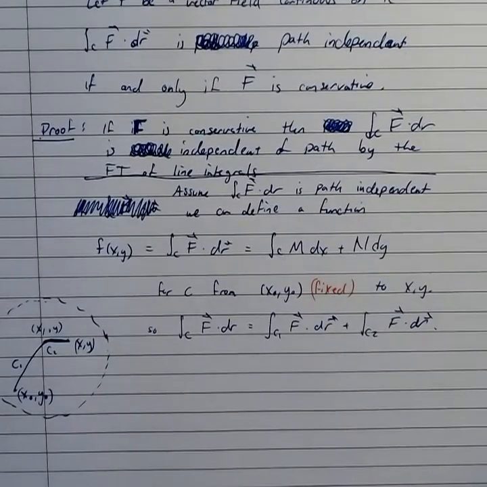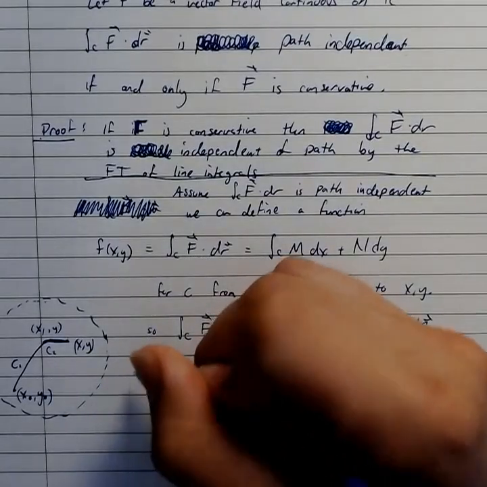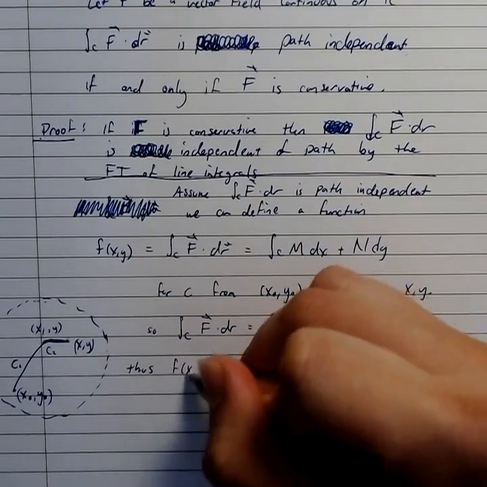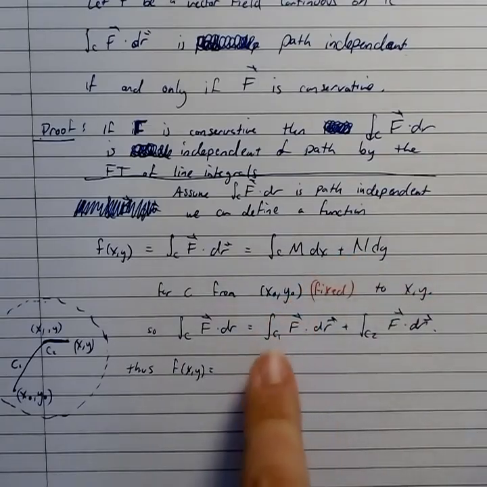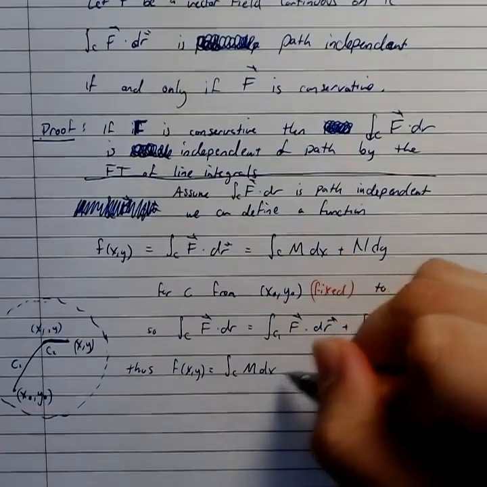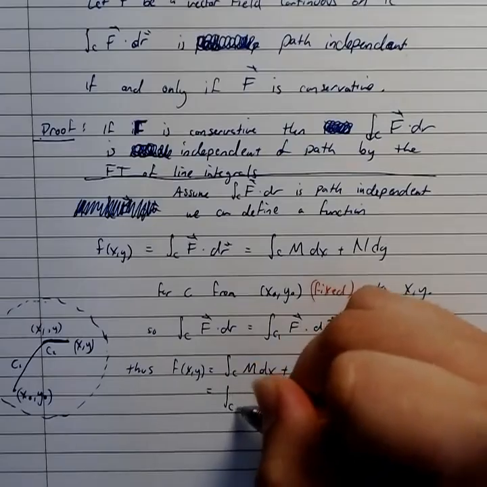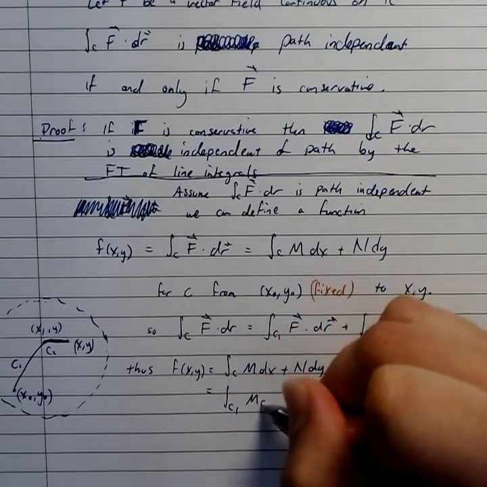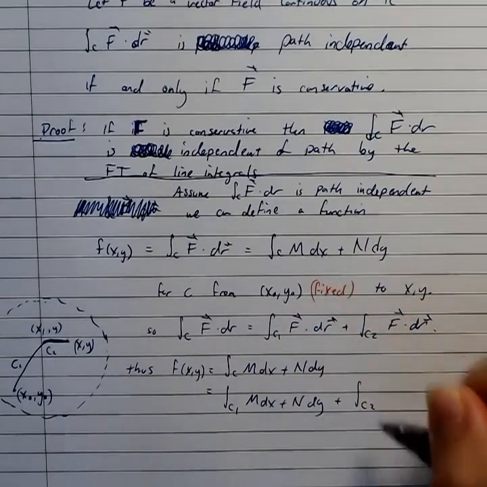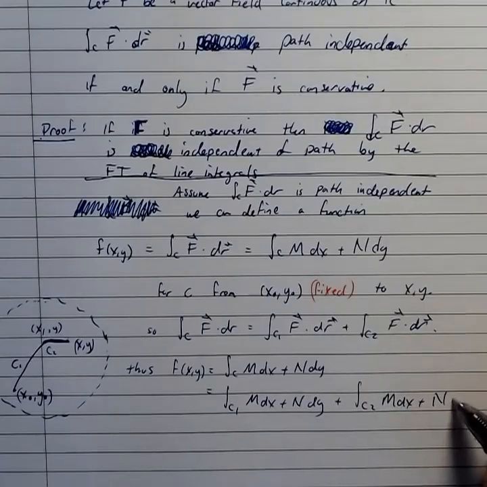Just like that. But since we have this written in differential form, we can also write this as f of x, y is equal to the integral over C of M dx plus N dy, which is equal to the integral over C1 of M dx plus N dy, plus the integral over C2 of M dx plus N dy.